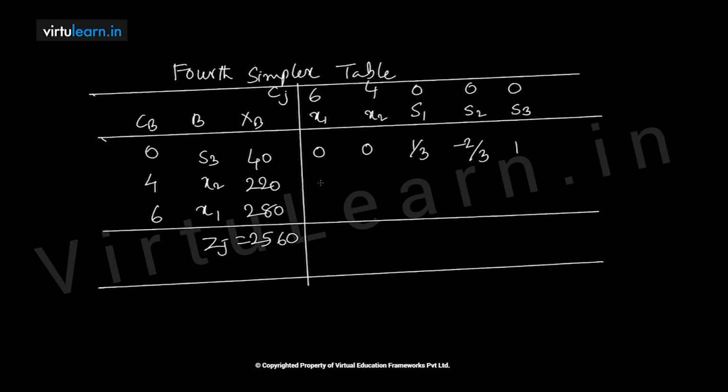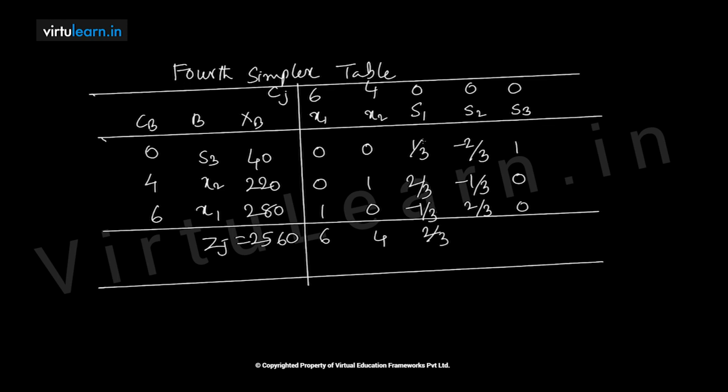So 0, 1, 2 by 3, minus 1 by 3, 0, 1, 0, minus 1 by 3, 2 by 3, 0, and this is 6, 4, 2 by 3.